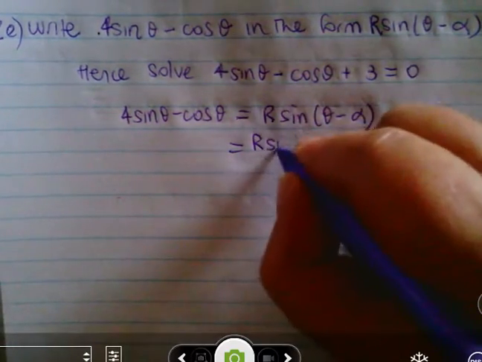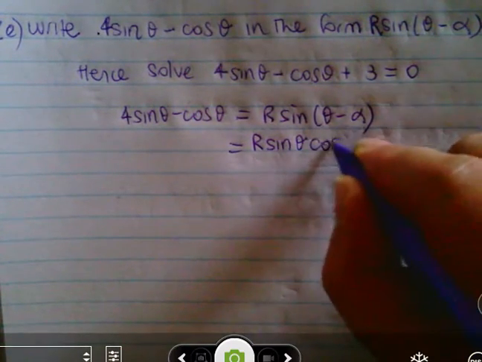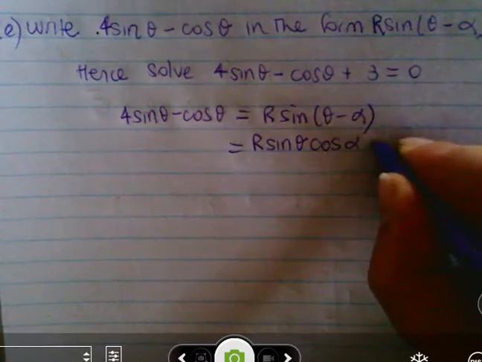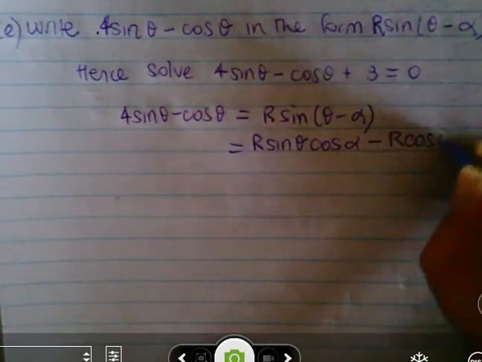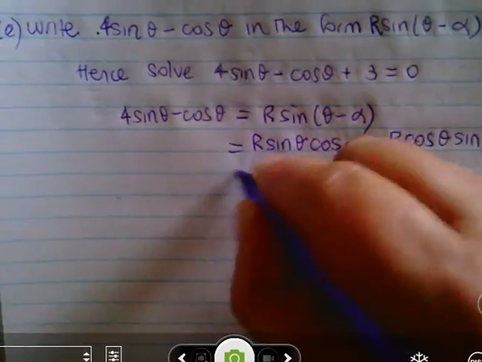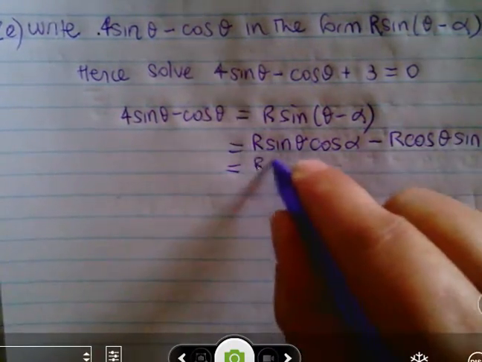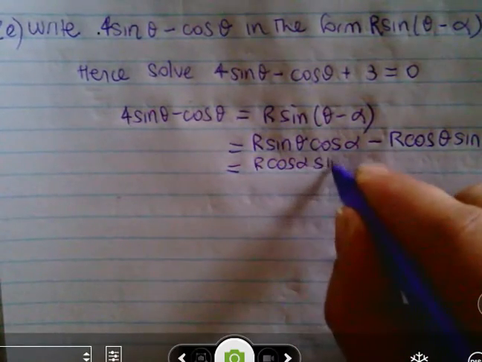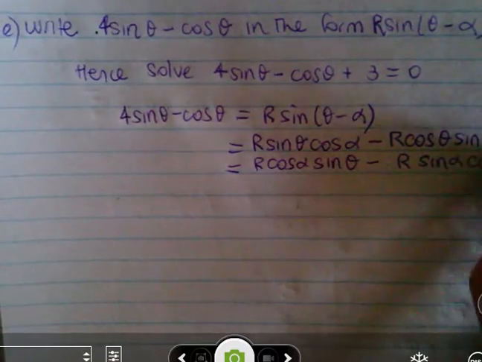Is it sine sine or sine cos? Sine cos: sine theta cos alpha. Keep the sign the same, minus R cos theta sine alpha. I do my swap again, which is R cos alpha sine theta minus R sine alpha cos theta.